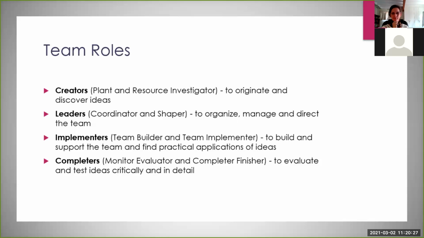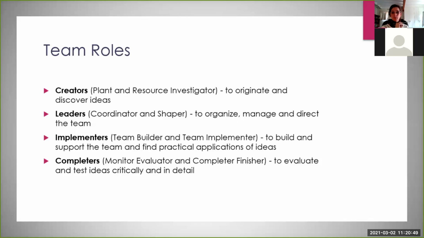Yeah. They have to oversee, and then at the end ensure that things are done as they should have been done and to the standards that it should have been done. So you get leaders being completers as well. Great. Okay, lovely. All right.